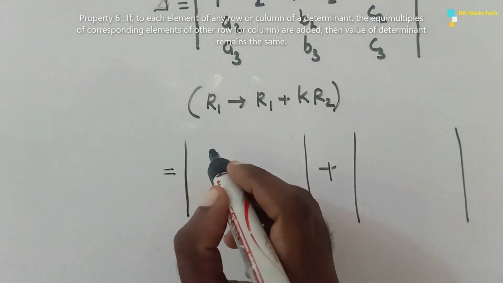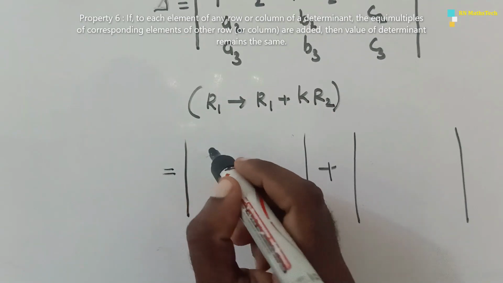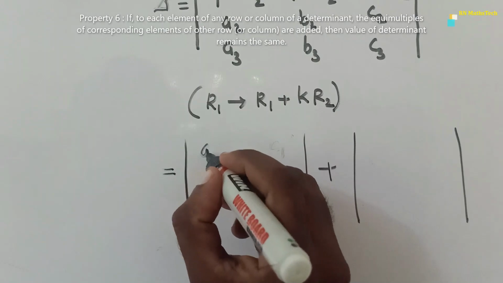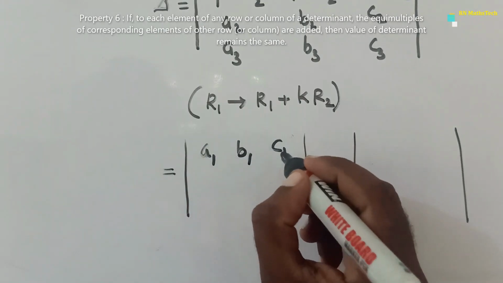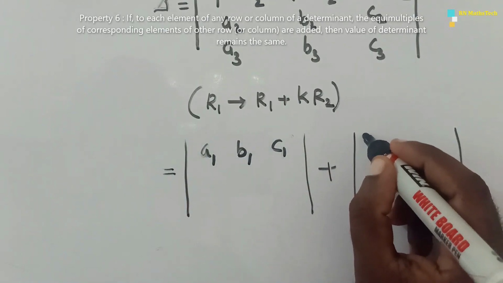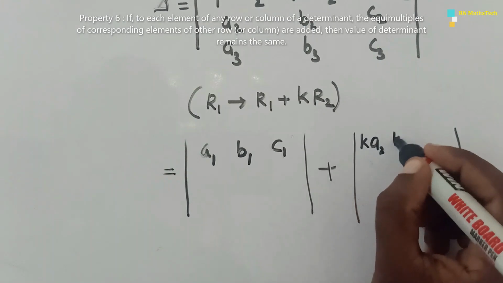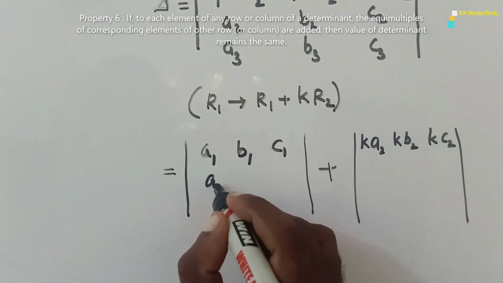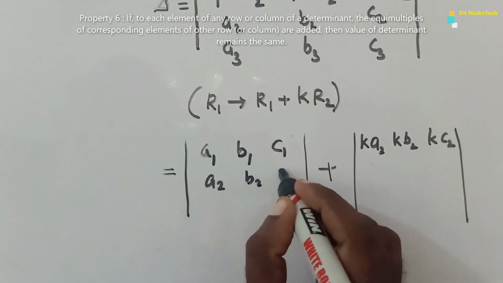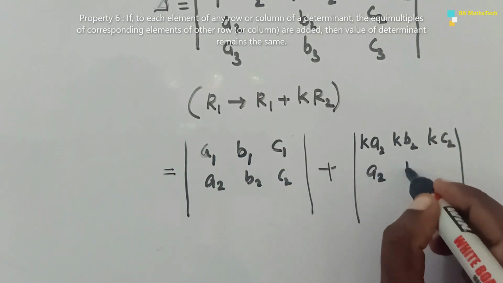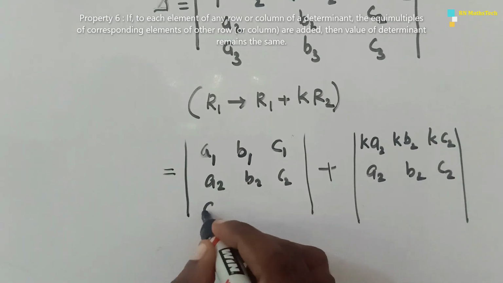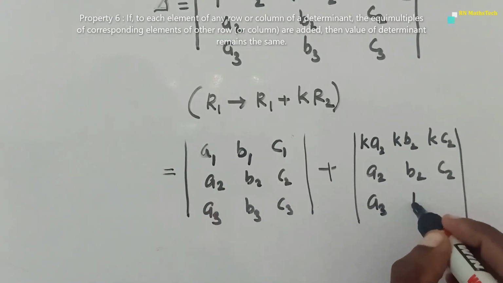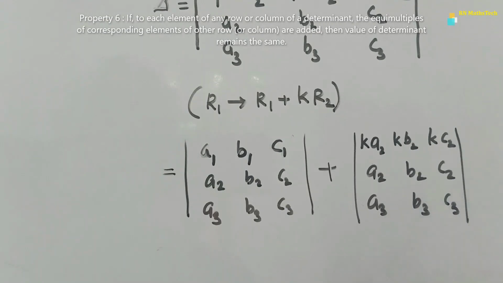So the first row here is a1, b1, c1, and in the other, k a2, k b2, k c2. The second row has no change, a2, b2, c2 in both, and the third row is a3, b3, c3 in both.